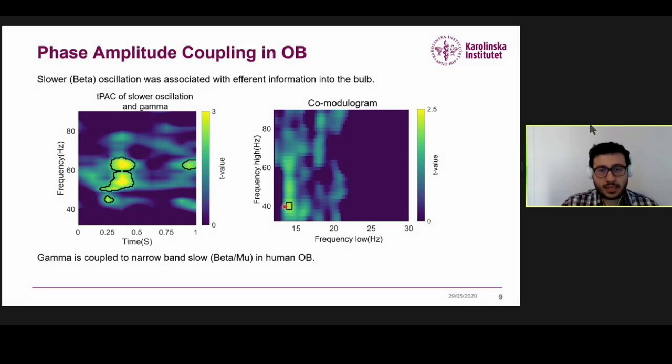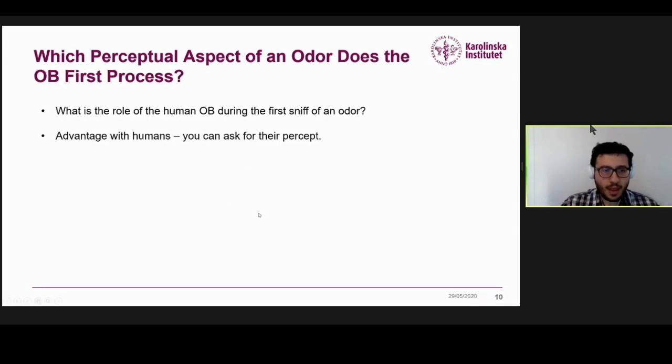We looked at this closer using a comodulogram, where the horizontal axis on this graph here is the frequency of low oscillations, and the vertical axis is the frequency of high oscillations. We realized that this coupling appears in a narrow-banded low frequency close to the mu oscillations.